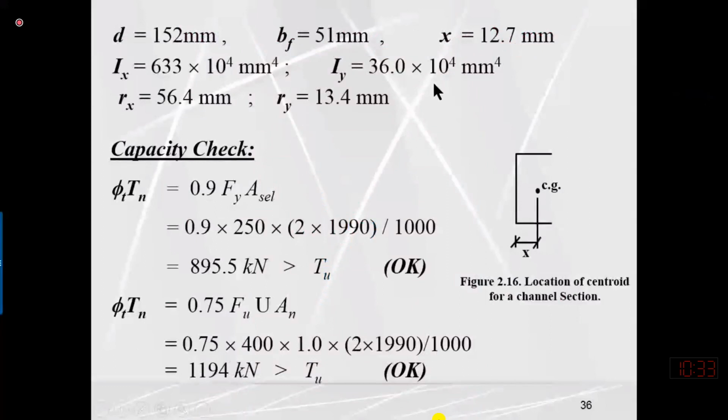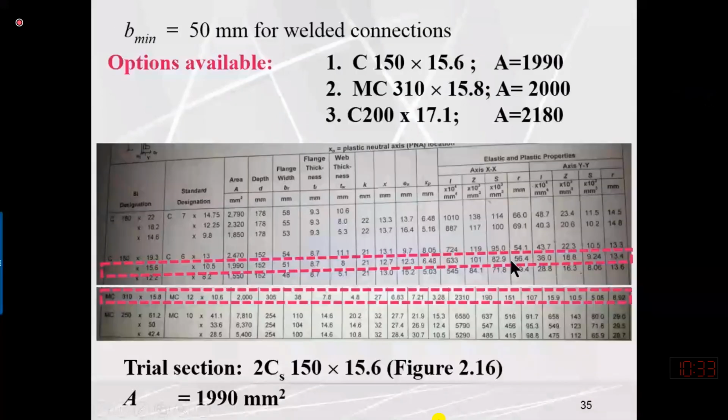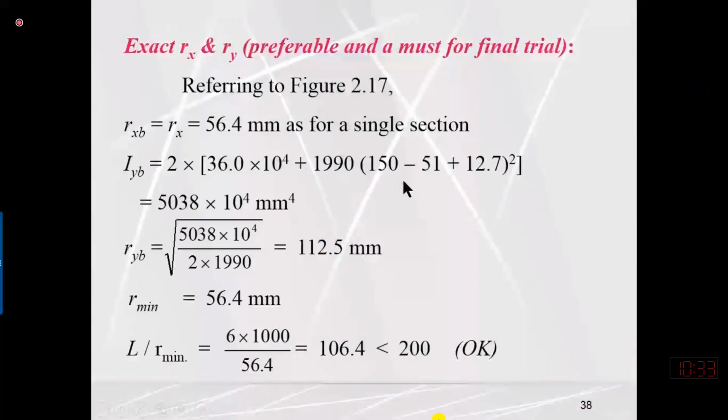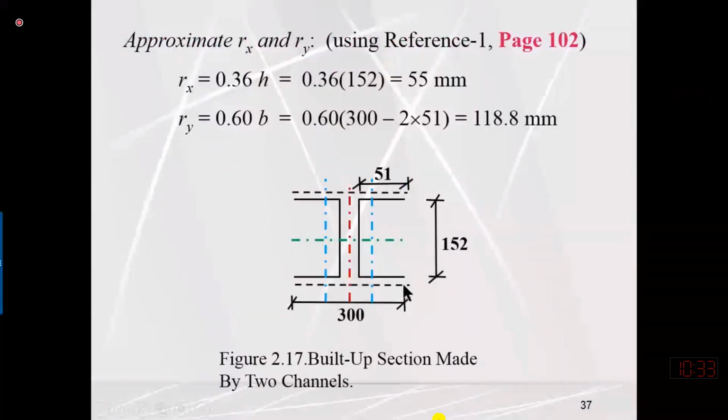Then multiply by, as he has computed in another way, 150. What is this 150? It is half of 300, because the total distance is 300. So the half distance from the y-axis of the built-up section to the edge will be 150, then 150 minus 51 plus this x bar.